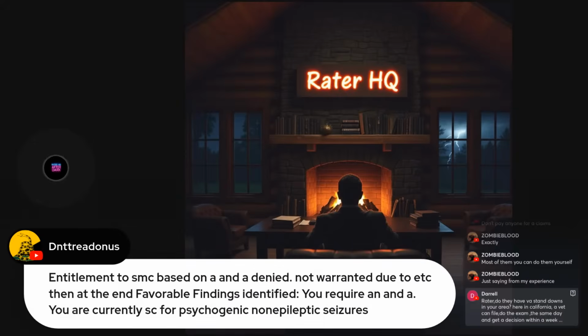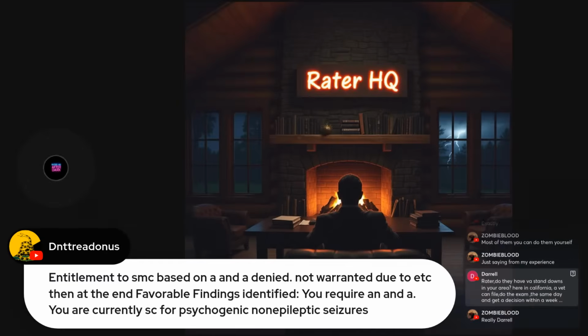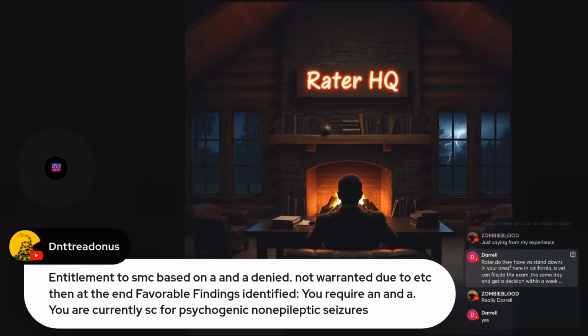Okay. Entitlement to SMC based on aid and attendance denied. Not warranted due to... you require it. Yeah. So this right here is when the rater didn't understand what they were reading.